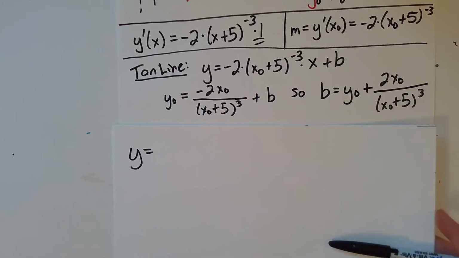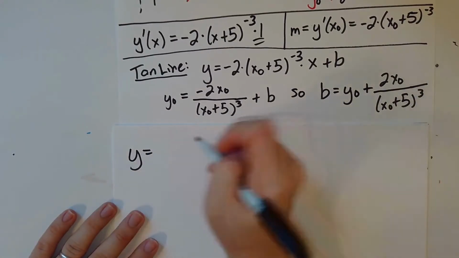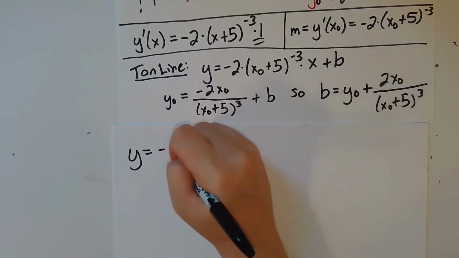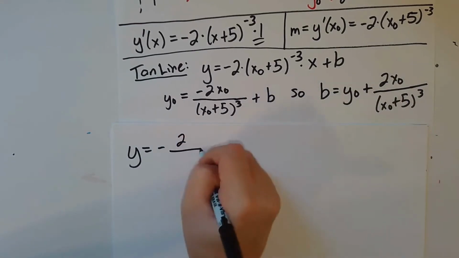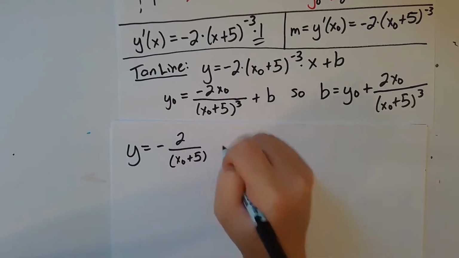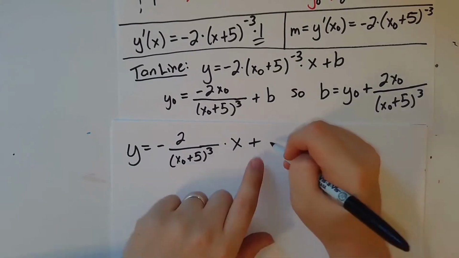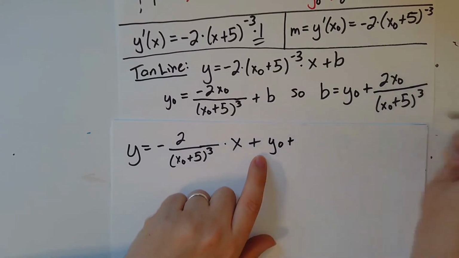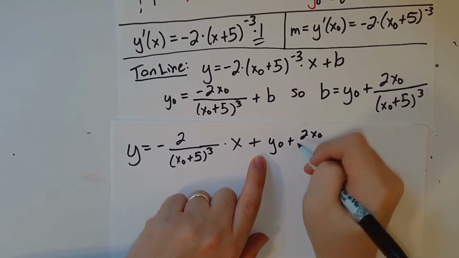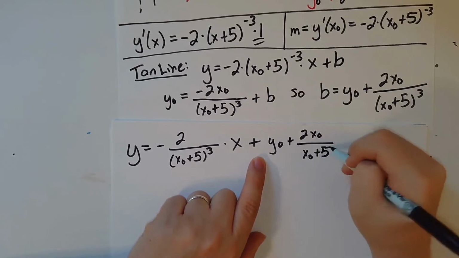Which makes the equation of our tangent line y equals minus 2 over (x naught plus 5) cubed times x plus y naught plus 2 x naught over (x naught plus 5) cubed.